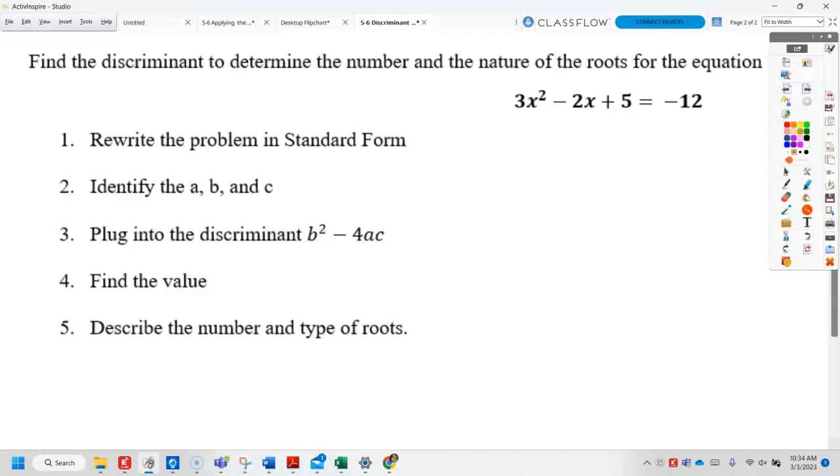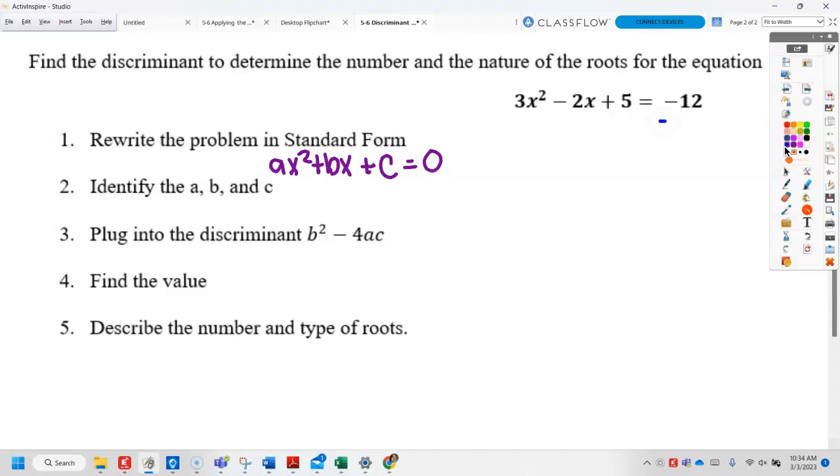If you forget, standard form is ax squared plus bx plus c. So we always want to get the a, the x, and the c all on the same side. It's always got to be equal to 0. And if you have multiple x squareds or multiple x's, you have to combine like terms.